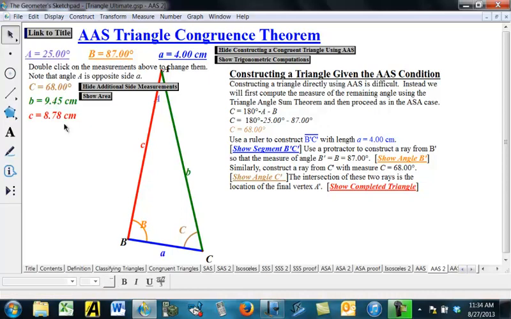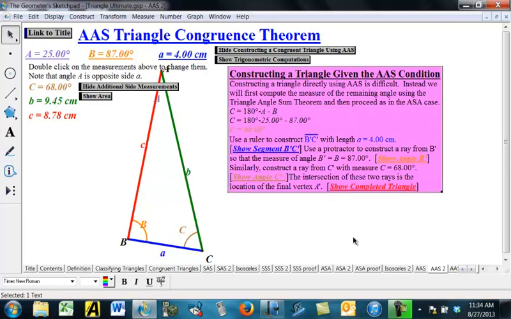The first thing you should have done is compute the other angle to be 68 degrees, and then, after you've computed that other angle, use it to help you draw the triangle. So you're going to draw the A here then of 4 centimeters.